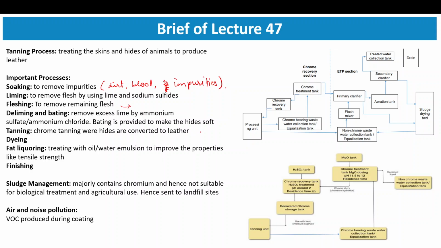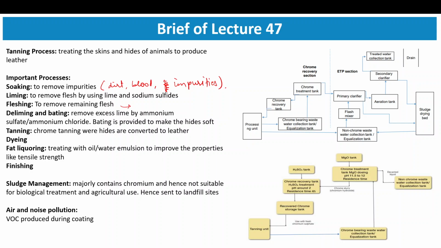So this is the main or important process of this entire industry. Now after that, you can do bleaching or you can give dyeing to the leather, so that whatever color or aesthetically pleasing leather you want to manufacture can be done through dyeing.